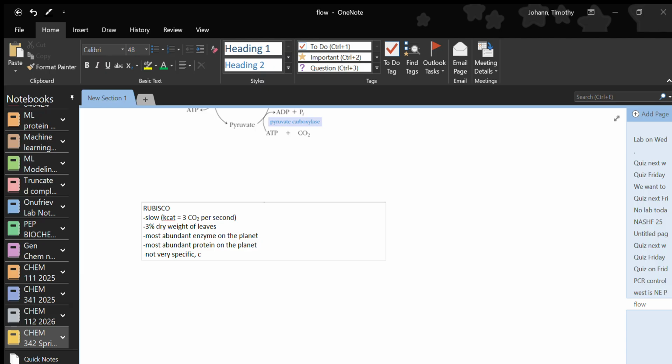I'm just going to write it out so I don't have to do the subscripts. All right, so not very specific in terms of that. And it has 8 active sites when you think about the enzyme complex.